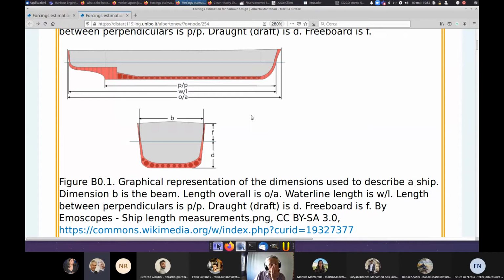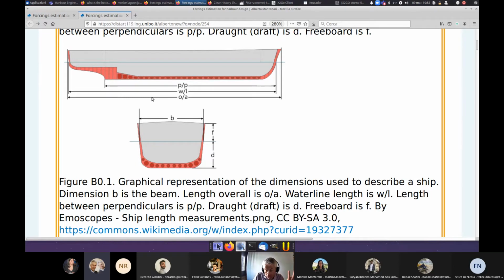Okay, and you may remember that the transverse area is given by the product of the beam times what? Times the sum of freeboard plus the height of the exposed area in the transversal direction above the deck. Because here freeboard is measured with respect to the deck, but you may have an area of the ship above the deck that is exposed.